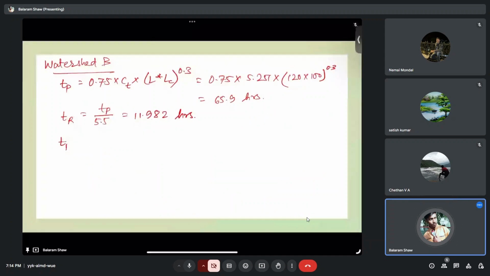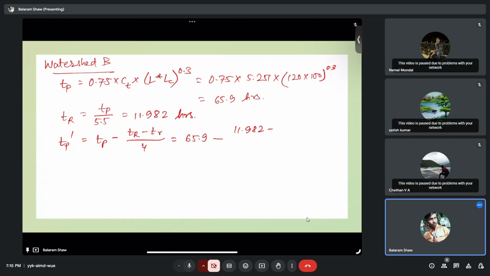So TP dash is equal to TP minus TR, minus TR divided by 4, right? That is equal to 65.9 minus 11.982 plus, how much do we have to find?